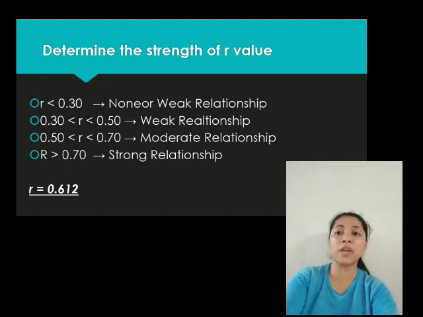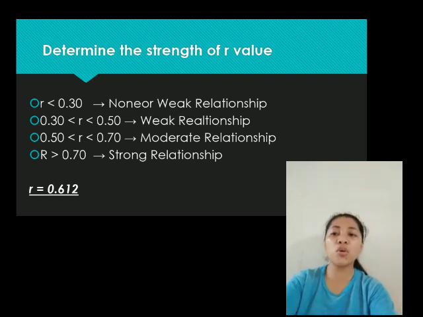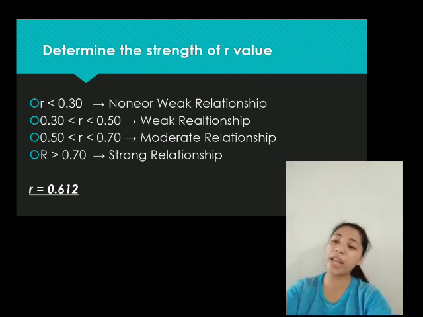But if R is greater than 0.70, it means strong relationship. So we already got the value of R, which is 0.612. What do you think the relationship of it is? So the answer is moderate correlation. It means that there is a moderate correlation per Pearson R correlation.